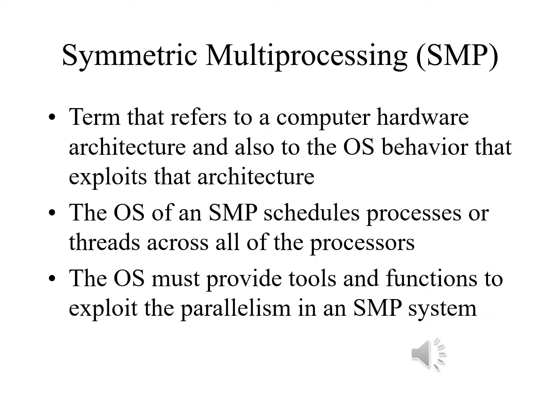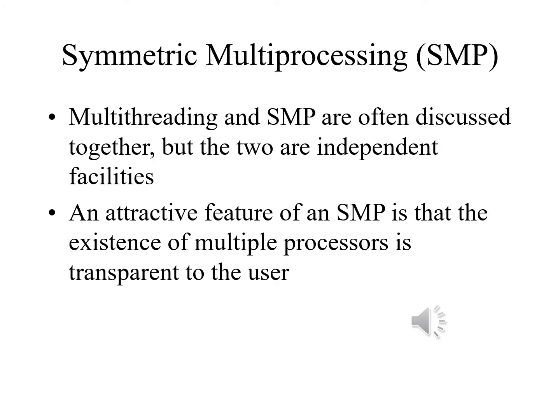Symmetric multiprocessing, or SMP, is a term that refers to a computer hardware architecture described in Lecture 1, and also to the operating system behavior that exploits that architecture. The operating system of a symmetric multiprocessing computer schedules processes or threads across all of the processors. Multi-threading and SMP are often discussed together, but the two are independent facilities.